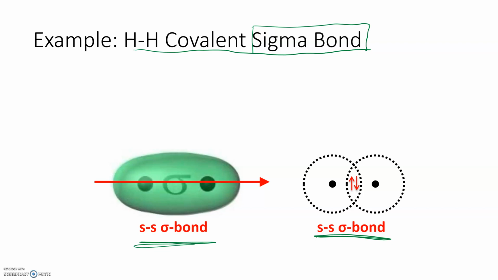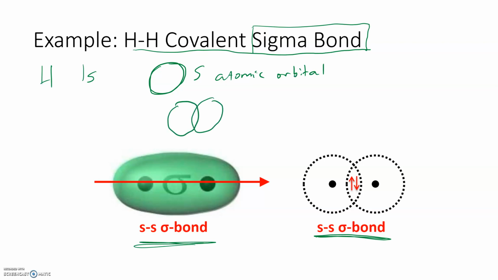So we know that hydrogen, with its electron configuration of 1s, only has the s atomic orbital. So when two hydrogen atoms bond with each other, we have two s orbitals overlapping. This type of overlap is known as head-to-head overlap.